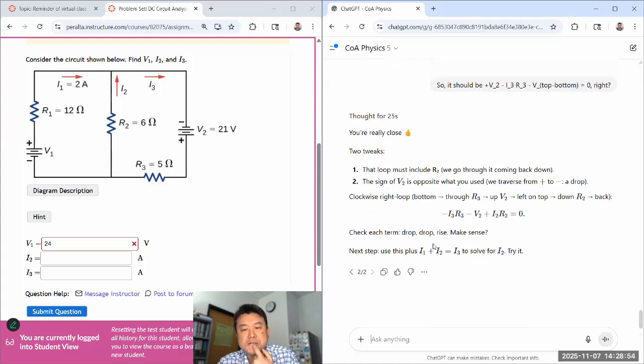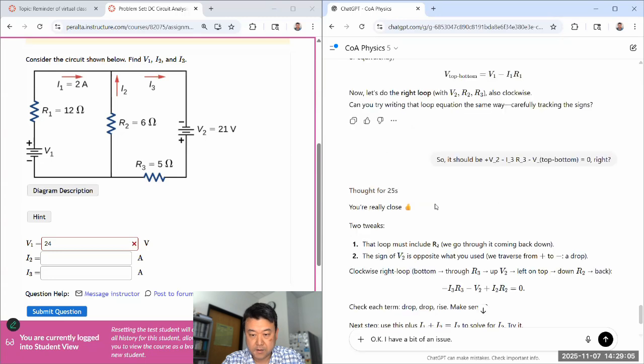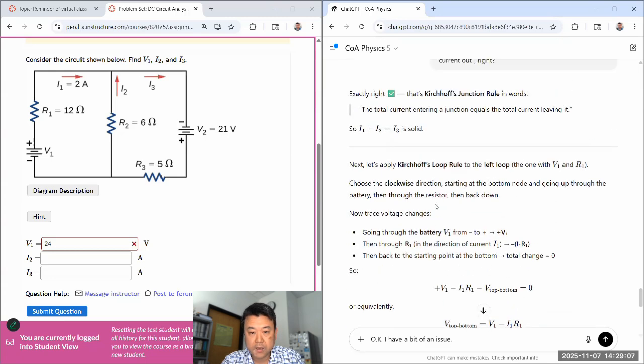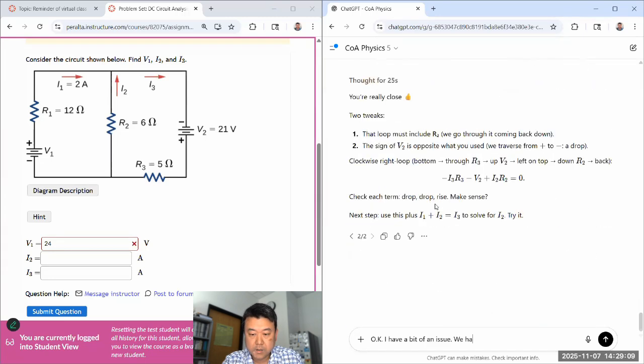So let me ask it this. Okay, I have a bit of an issue. Let's say you are following along with everything that's being taught, and you notice this problem. We have 3 equations.